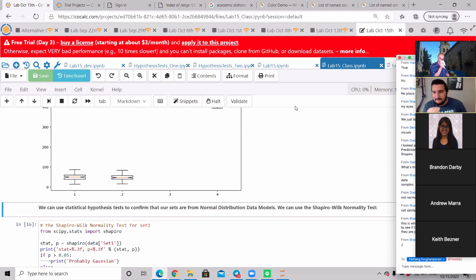If I get a very, very, very small p-value, and we are going to talk about that, we are going to conclude that we have enough evidence to reject the null and say that the data do not follow a normal distribution. But if our p-value is not small enough, we are not going to be able to reject the null.